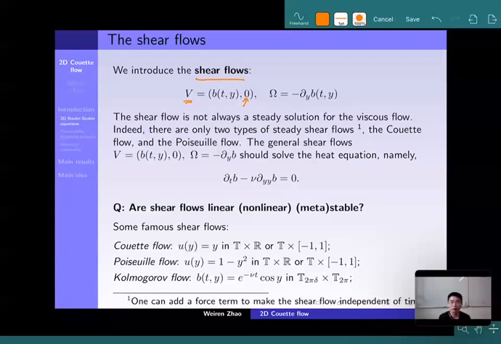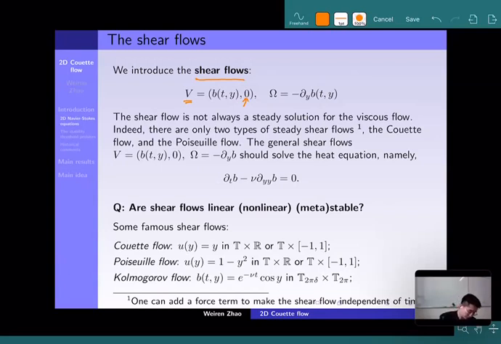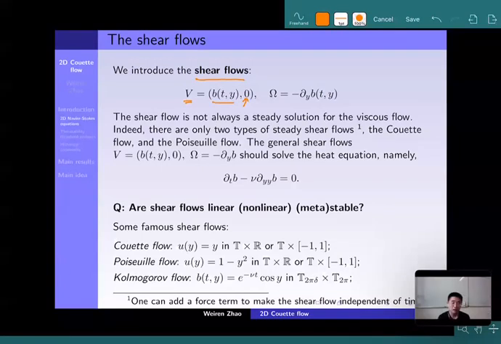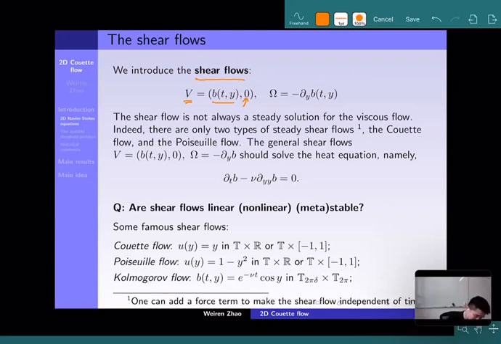The horizontal component is independent of x, so it is time dependent and y dependent. Usually this shear flow for the Navier-Stokes equation is not a steady solution, which means it varies as time moves. There are only two types of steady shear flows. One is the famous Couette flow, and the other, also famous, is the plane Poiseuille flow.